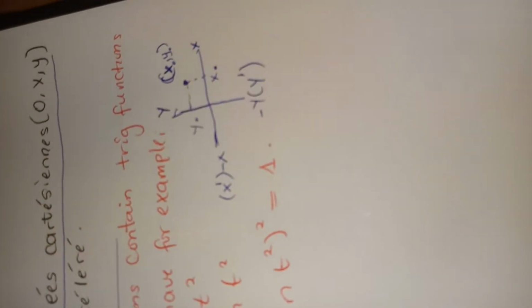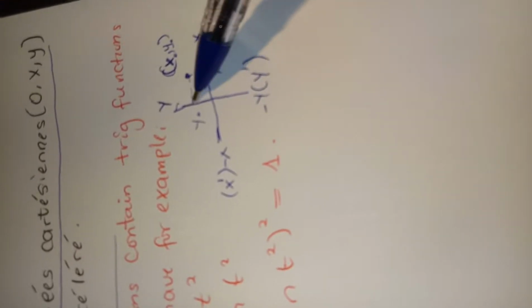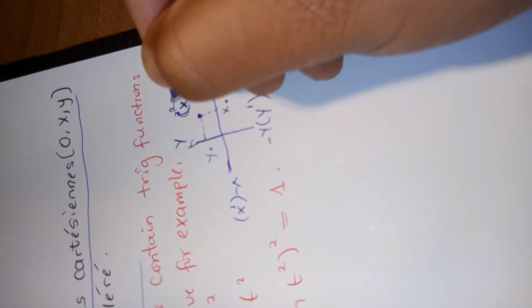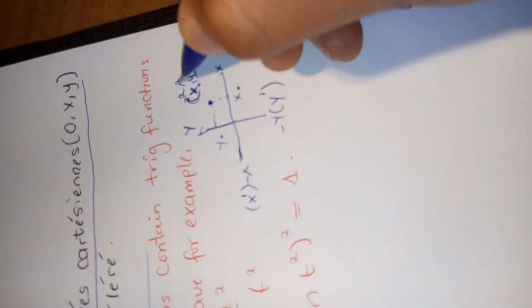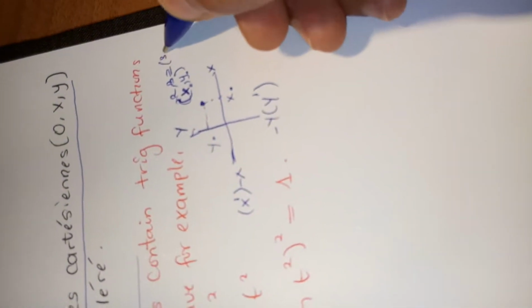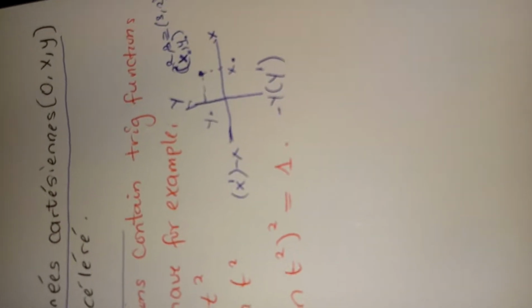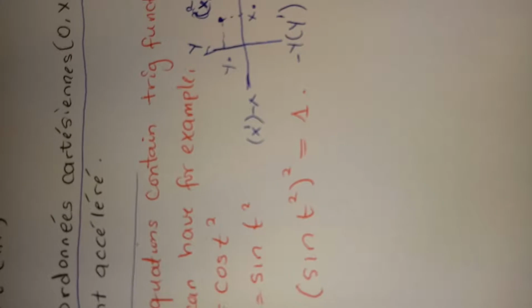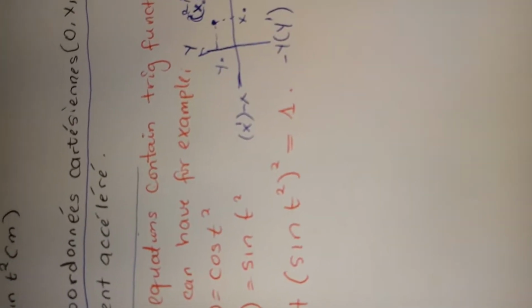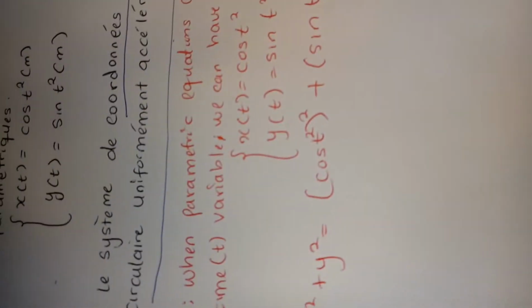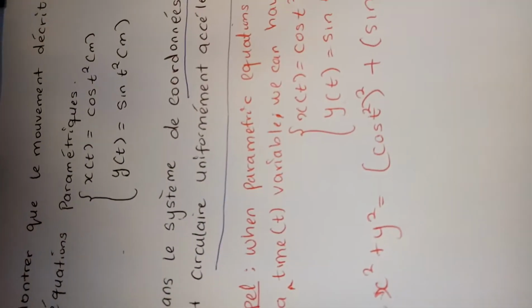Order is important. If this is a 2 and this is a 3, I can't say this is equivalent to 3 comma 2. It's wrong. It has to be 2 comma 3. So this is just how coordinate Cartesian is all about, just to give you a little bit of rappel. So now we can come back and answer our question.